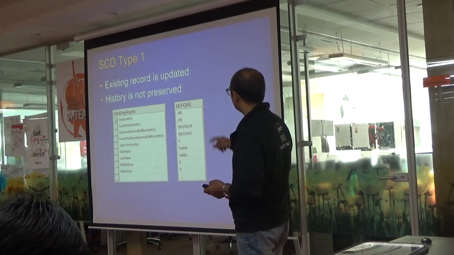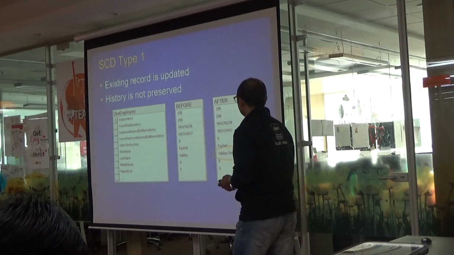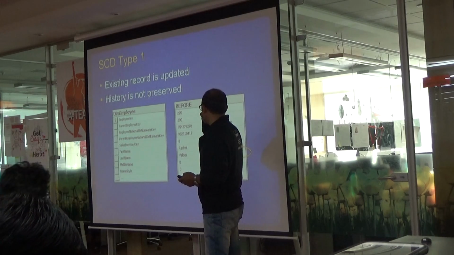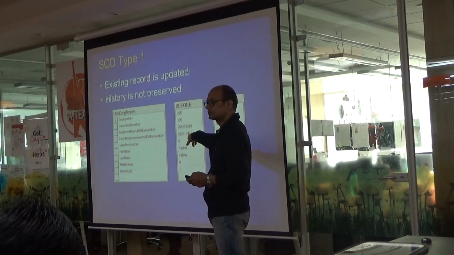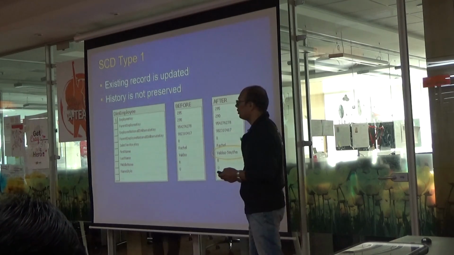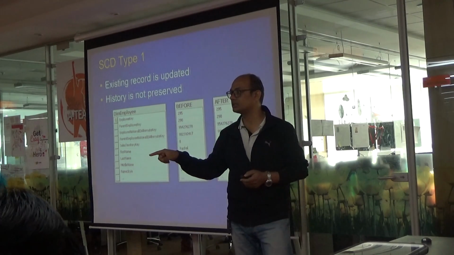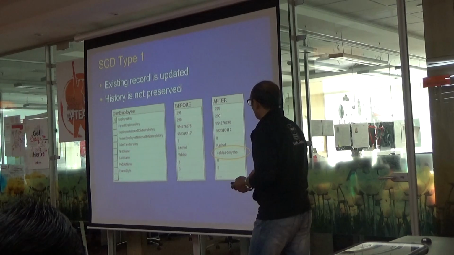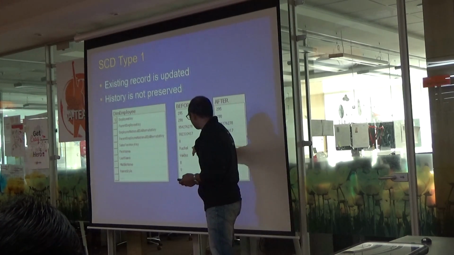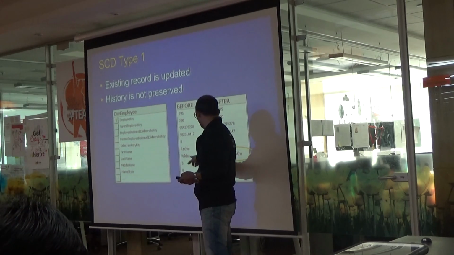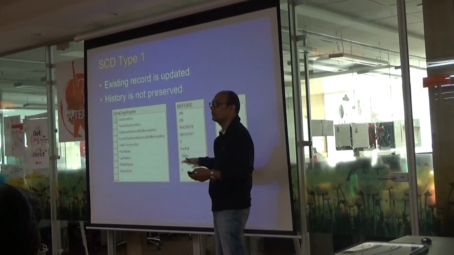One is that you can update the existing record. That means you are not keeping the history of the records. If somebody asks me what was the last name of employee Rachel before she became Smith, I won't be able to answer.